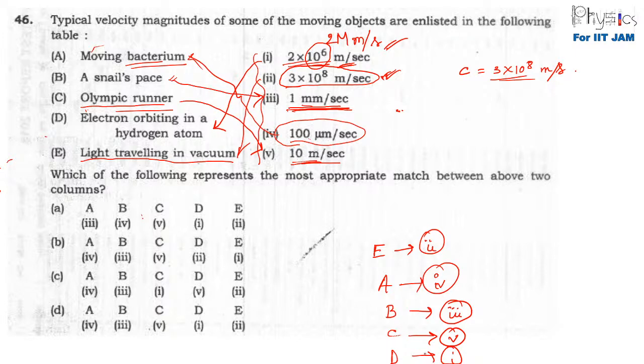So the correct answer is 2, 1, 5, 3, 4. That is option D. Option D is our correct answer.